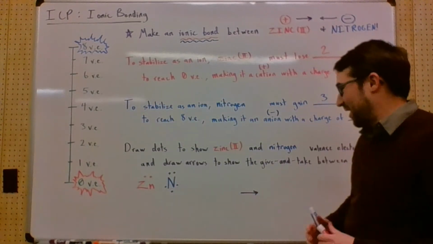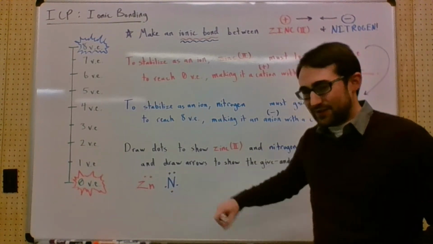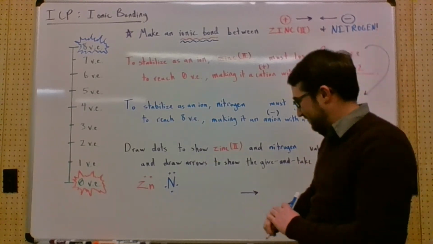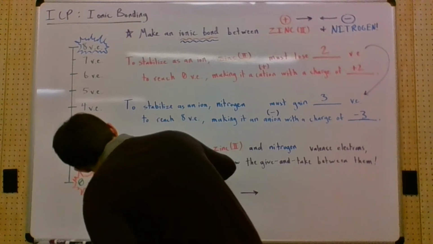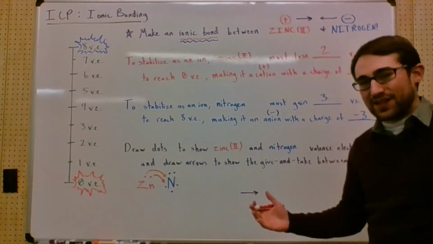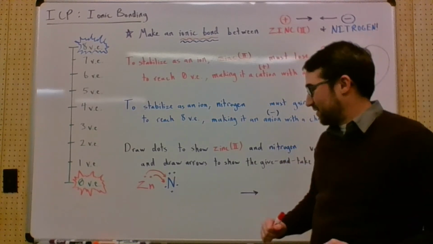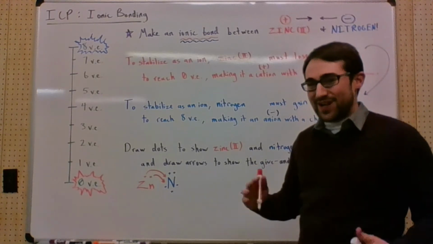Okay, that's fine. So if I'm trying to get rid of these and trying to get electrons for this guy, I should give my electrons over to the nitrogen. That's all well and good. My zinc is going to be happy now. It's gotten rid of its 2 electrons, but nitrogen is still only at 7, so it's not quite there yet.